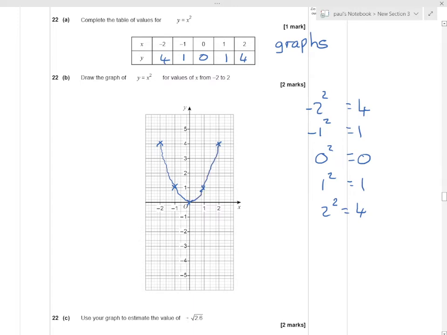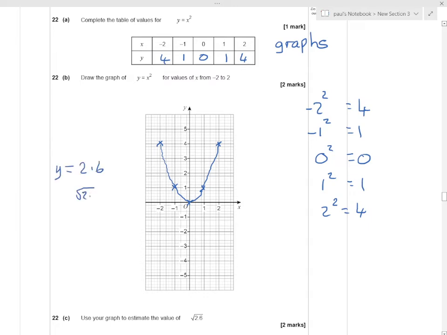Use your graph to estimate the square root of 2.6. Right, so what are we going to do here? 2.6. So if we think of the y as being this, so if this is 2.6, so y has got to be equal to 2.6.